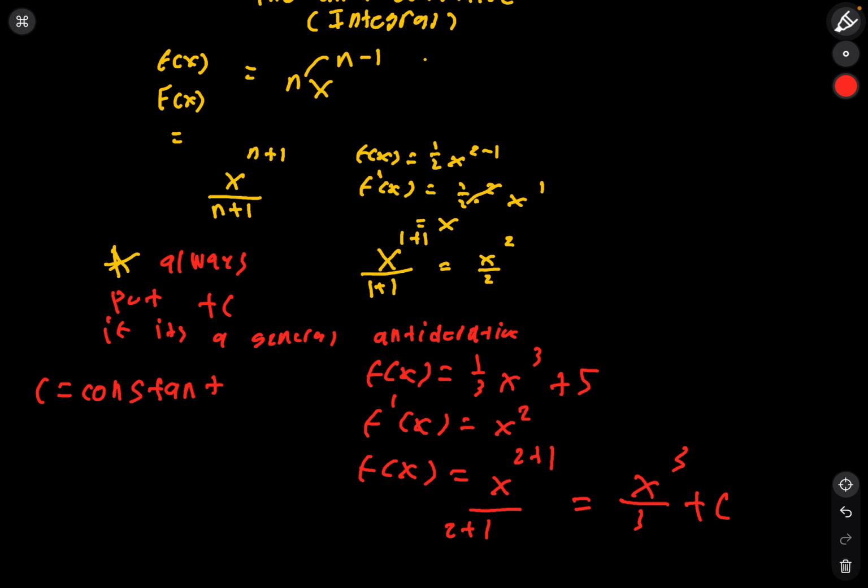So let's do some examples of antiderivatives. Say we had the function f of x is equal to 1/2 x squared plus x plus 5. So what we do here is just do the same thing that we've been doing.